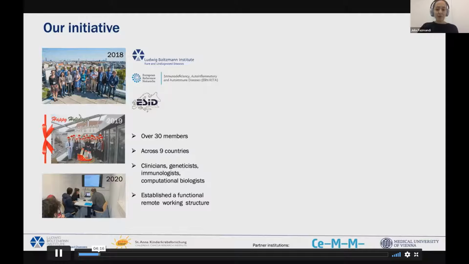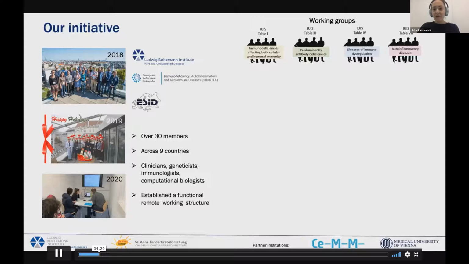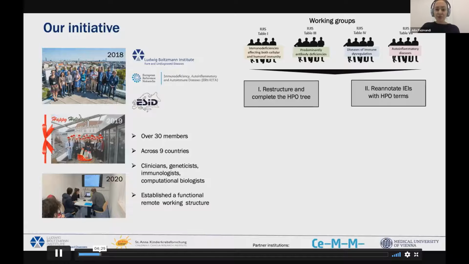And we have a remote working structure that is quite functional. We have 4 working groups addressing different types of inborn errors of immunity. And with these 4 working groups, we set out to restructure and complete the HPO tree and to reannotate inborn errors of immunity with HPO terms.